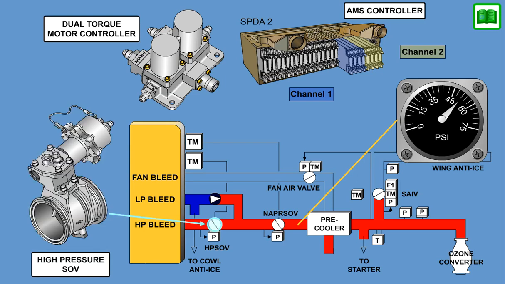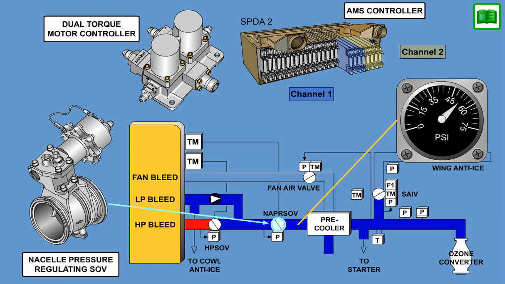As high-pressure and low-pressure supply pressures rise, the high-pressure shut-off valve regulates towards closed to maintain downstream manifold pressure. When low-pressure air rises above the desired manifold pressure, the high-pressure shut-off valve will regulate closed, and the nacelle pressure regulating and shut-off valve begins to regulate air to maintain the desired manifold pressure.